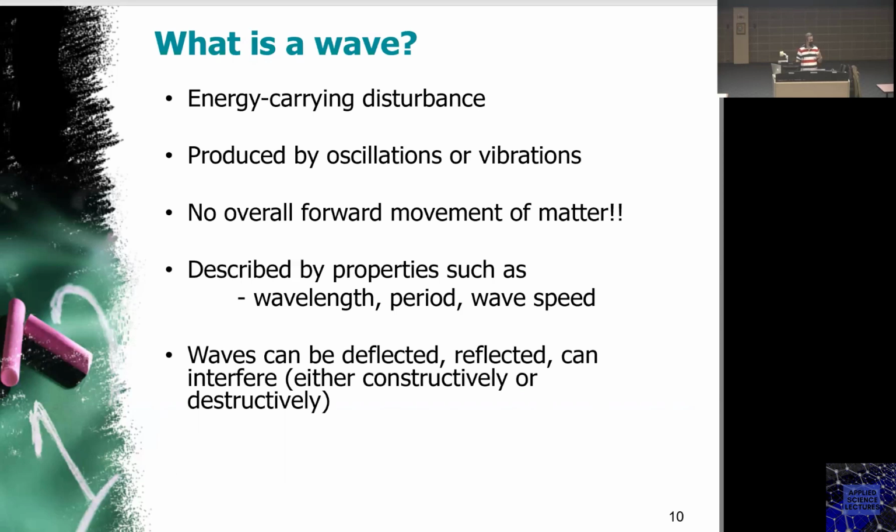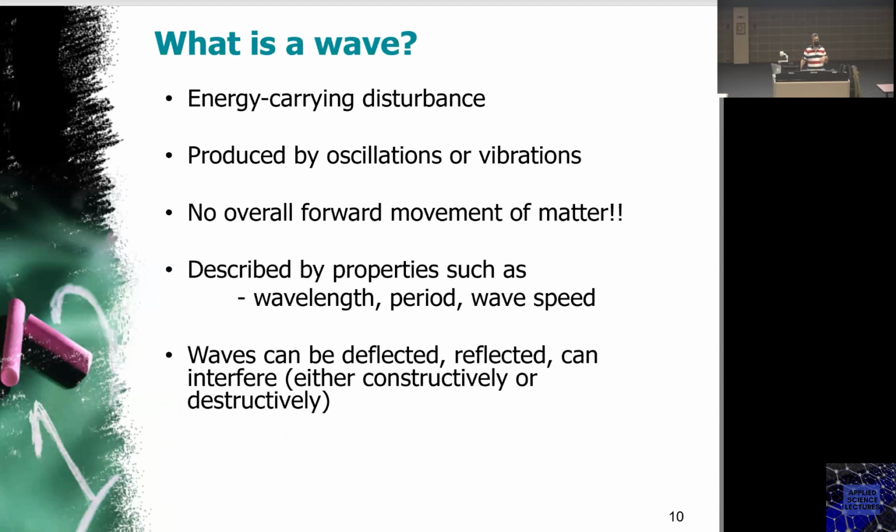So what is the wave? The wave is a disturbance that is happening to my medium. This disturbance is causing that medium to start oscillating, and then this oscillation will start propagating in all directions.